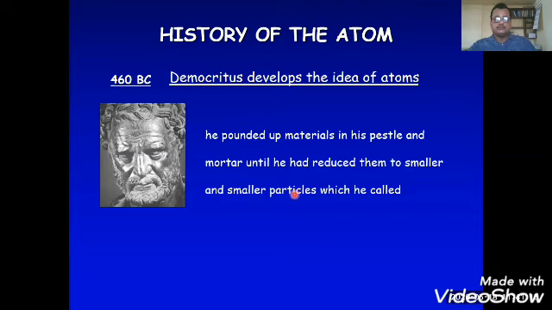For example, if you take sugar in a mortar and grind it using a pestle, then at one stage you will get a powdery material, and this powder contains some indivisible particles, which Democritus called atomos, meaning which cannot be further subdivided.